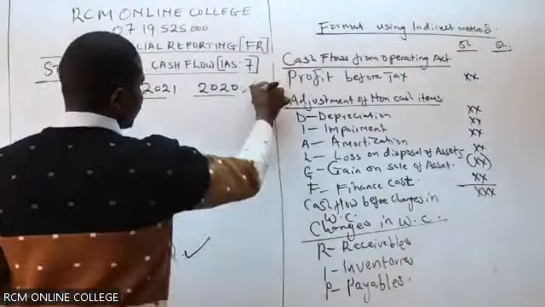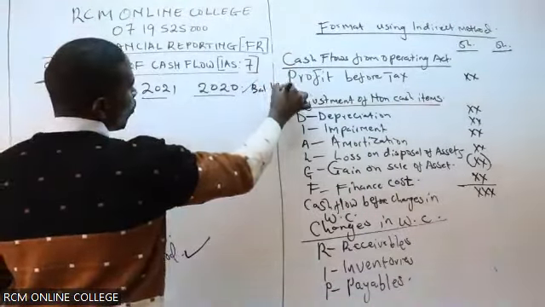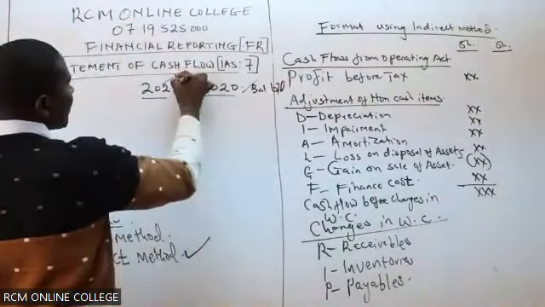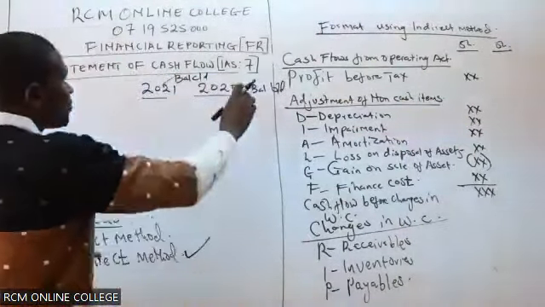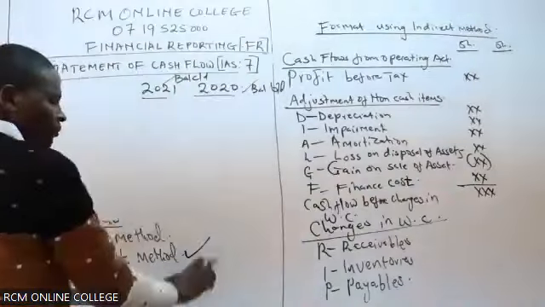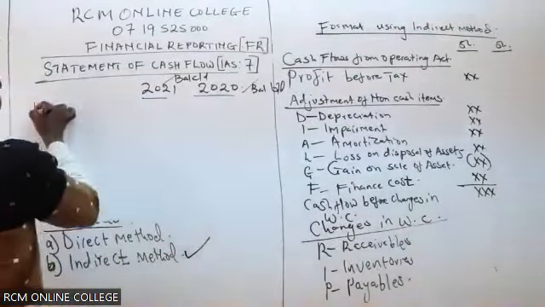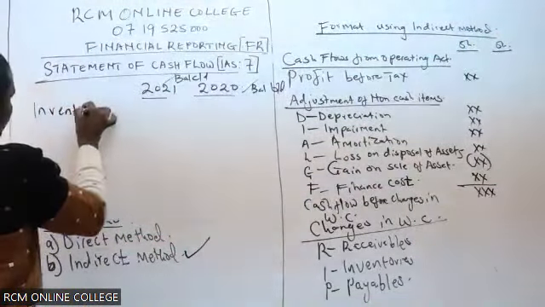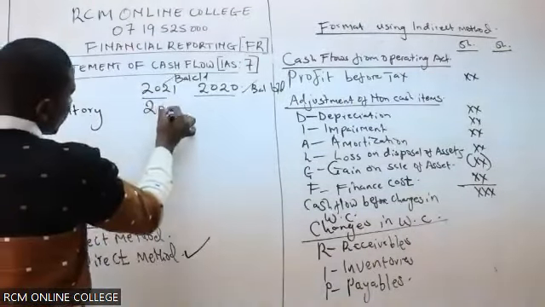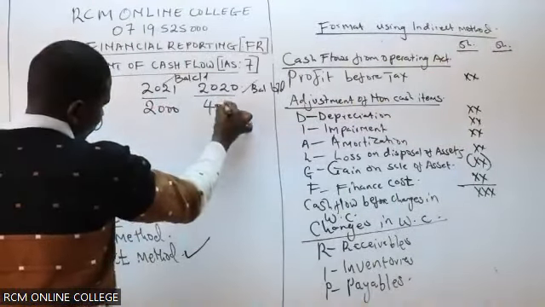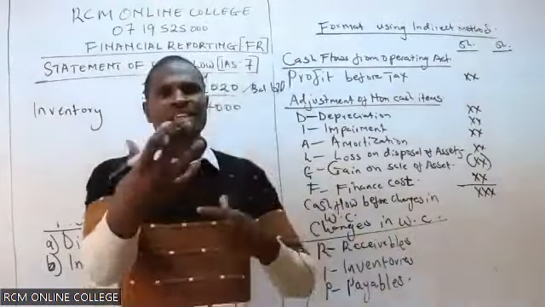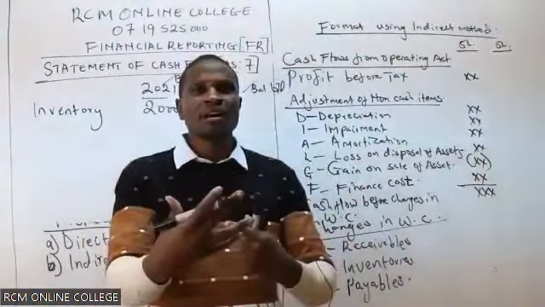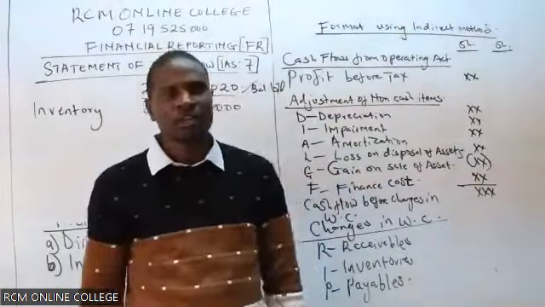So this stands for all the balances that were brought down, and this is for balances that are carried down. Note that. Balances brought down, balances carried down. So if I have inventory here, here I have 2,000 and here I have 4,000. I want a good student to tell me what happened to inventory. Did these people purchase or did they sell the inventory?